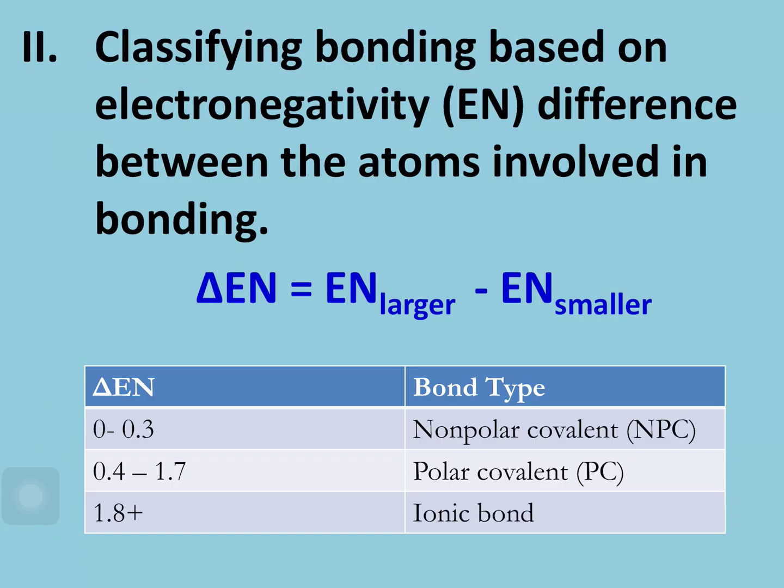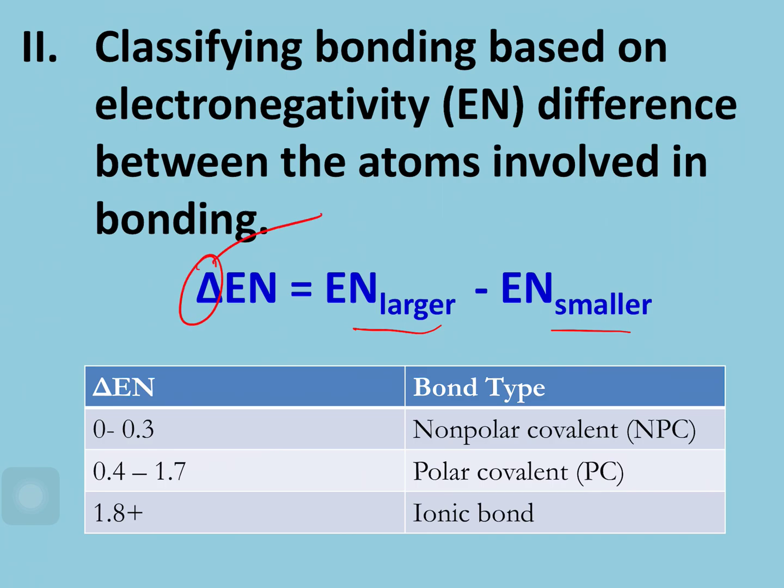You can classify bonds in different ways. They're always going to be classified as ionic or covalent, and then the covalent is split up. There's another type we'll talk about later on. But you can figure out if it's ionic or covalent in different ways. One of them is by figuring out the electronegativity difference between them. You always take your larger minus the smaller.